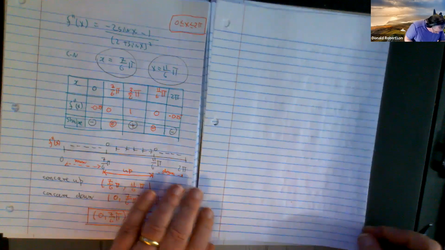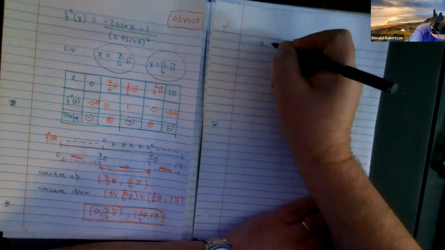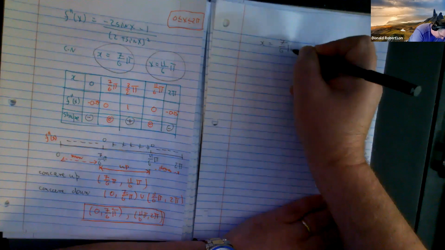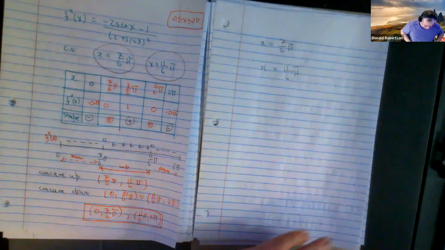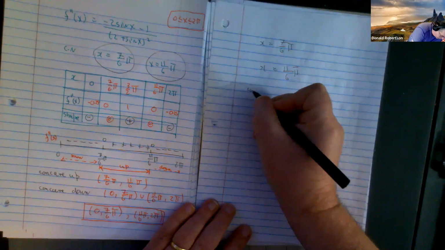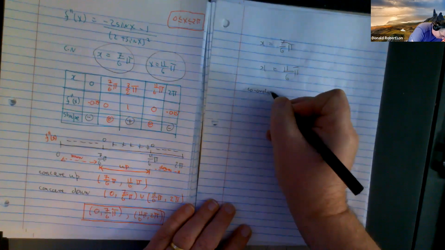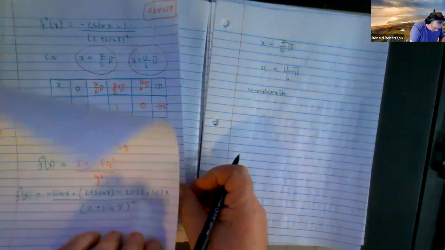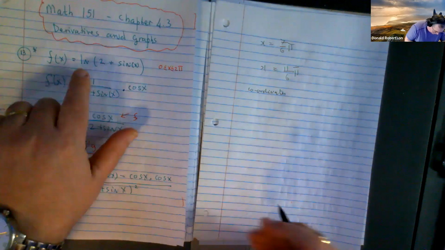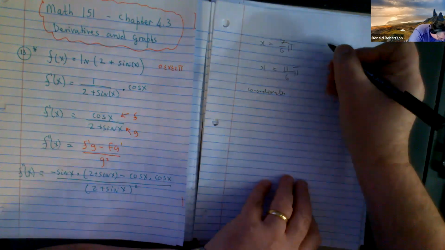Now they don't want you to write down x equals 7π/6 and x equals 11π/6. No, that's too easy. They want you to give the coordinates. And the original function, whatever it is hiding, which is this guy, you're going to have to use it.